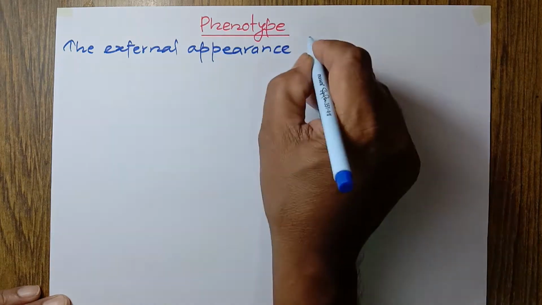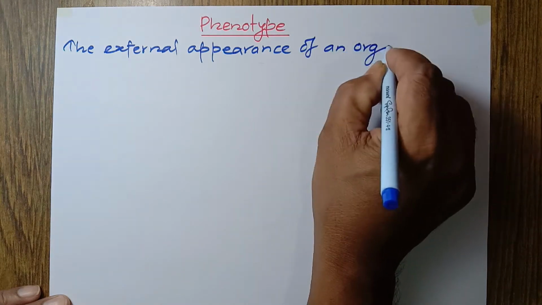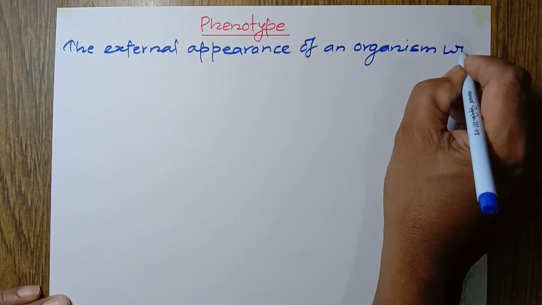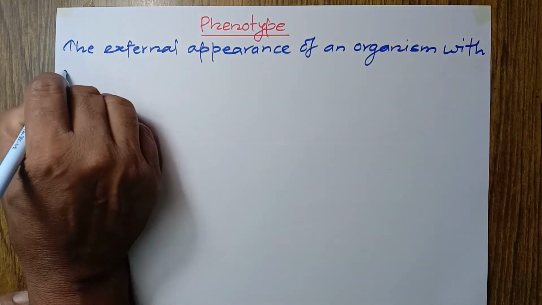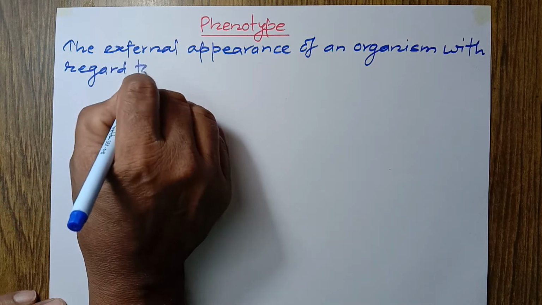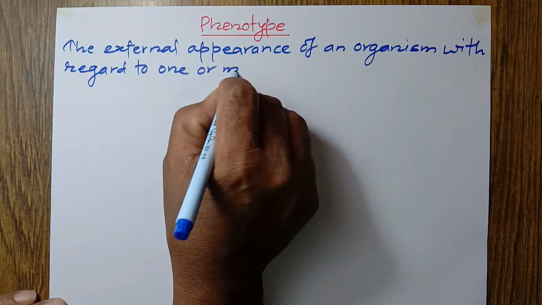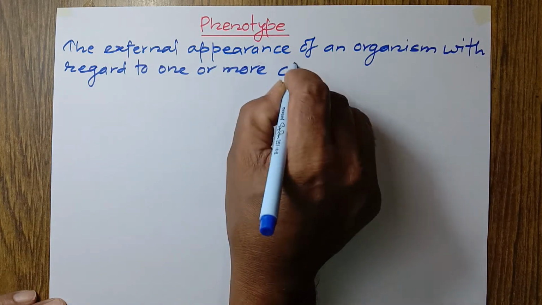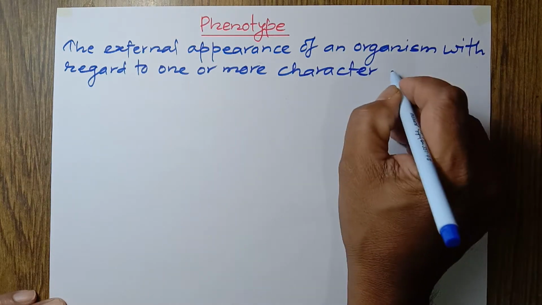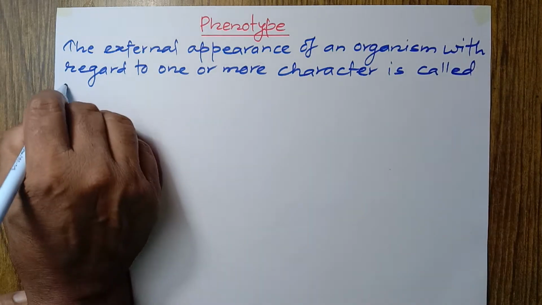The external appearance of an organism with regard to one or more characters is called phenotype.